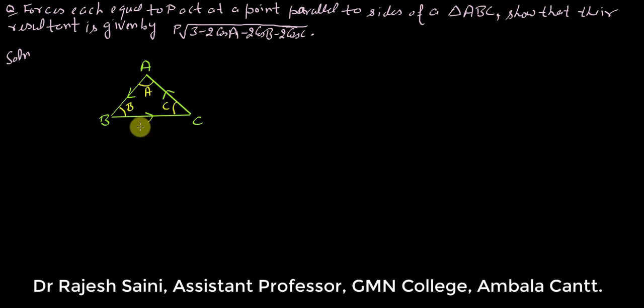So forces are acting along these directions. If I say parallel to the sides of a triangle, and this is the point O, if I draw a force parallel to this side, this is the force, and parallel to this one, this is the force, and parallel to this one.